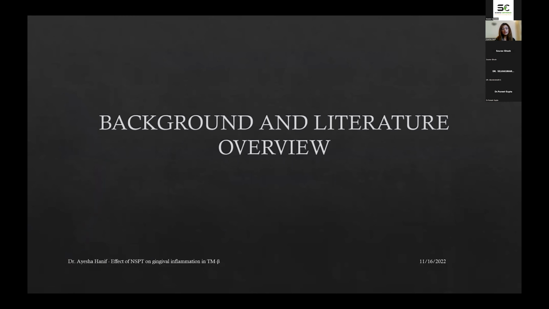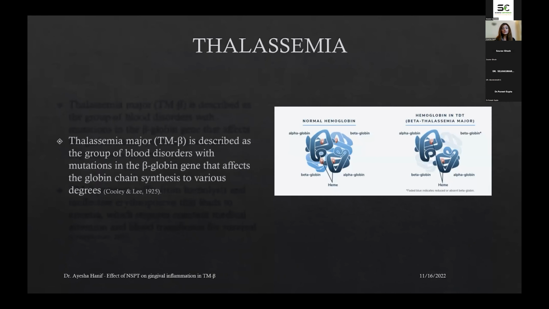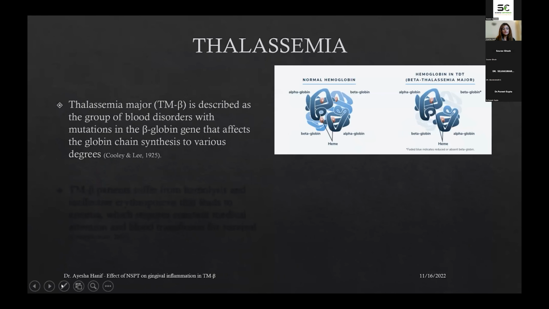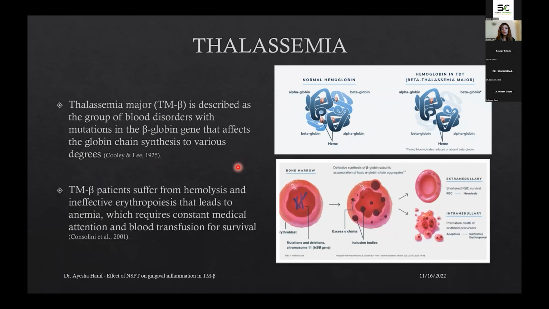For the background and literature overview, if you see this picture, this is showing a normal hemoglobin which has 2 beta globin chains and 2 alpha globin chains. Whereas in this picture, in the beta thalassemia major patients, the beta globin chains are defective or reduced or absent. So the beta thalassemia patients suffer from hemolysis and ineffective erythropoiesis.